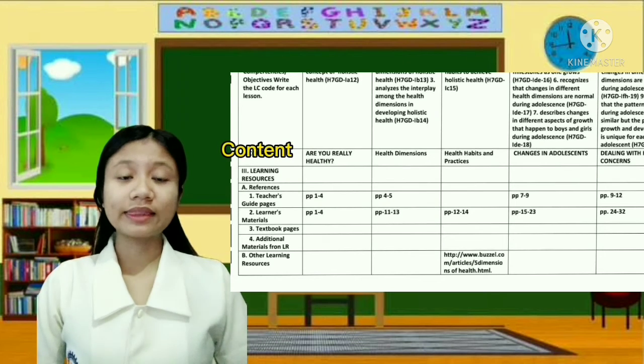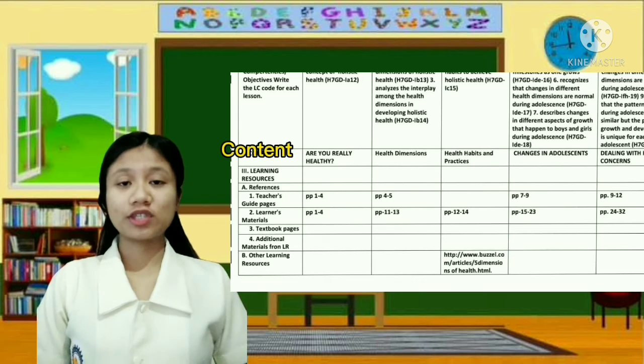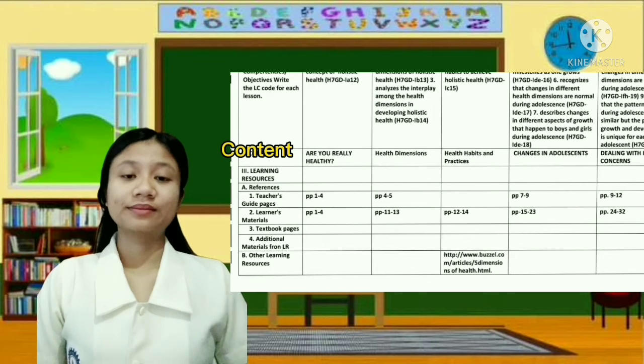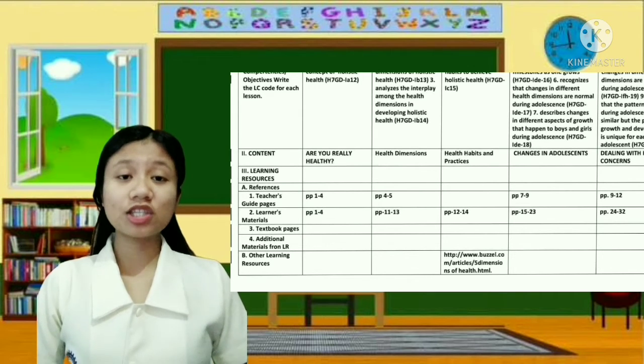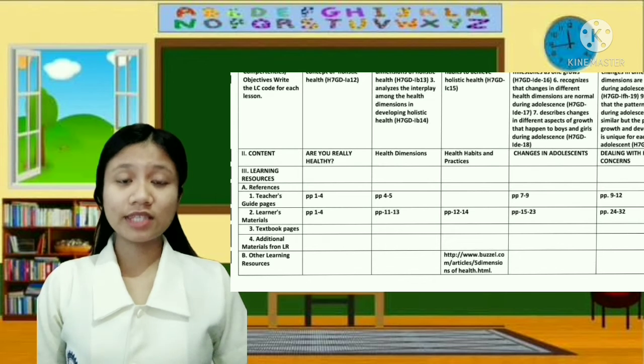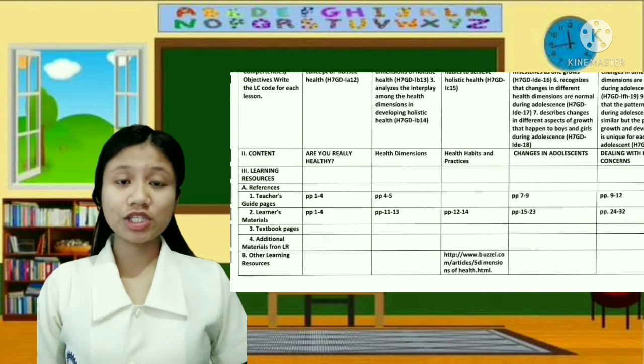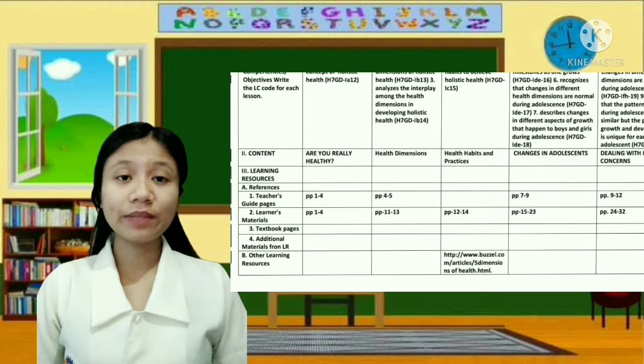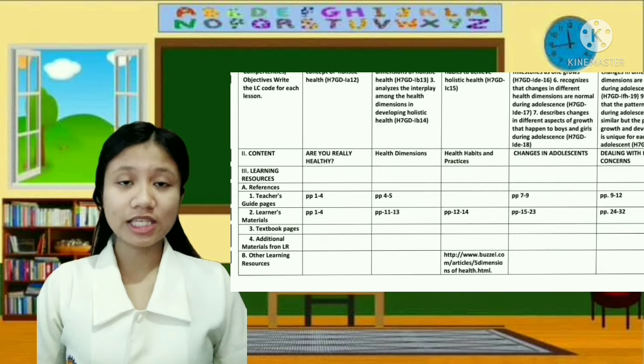Next is content. The topic or subject matter pertains to the particular content that the lesson focuses on. Next is learning resources. The reference includes the particular pages of the teacher guide, learning materials, textbook, and other additional materials from the LRMDS portal.